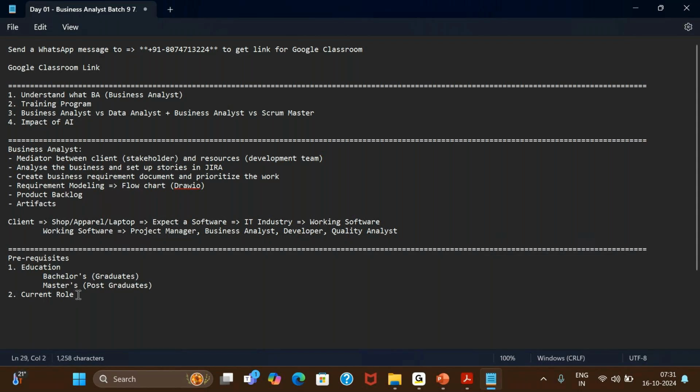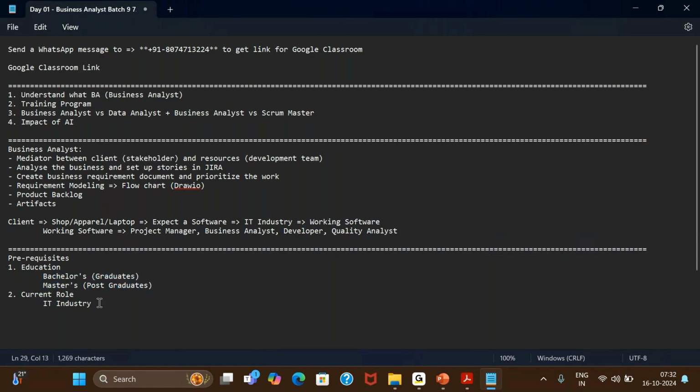to BA. Okay. Now, if you are already working as part of the IT industry, then the education part sometimes takes a back seat. If you're already working there, then people are more interested in your current role, and they give you your next role based on the current role. So if you're already part of the IT industry, good.